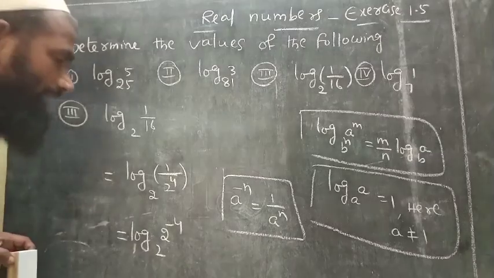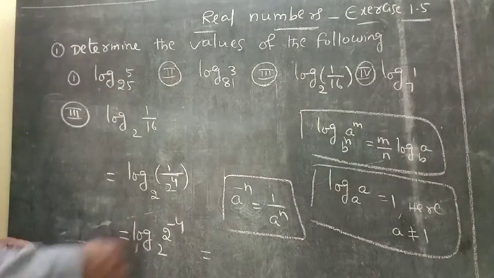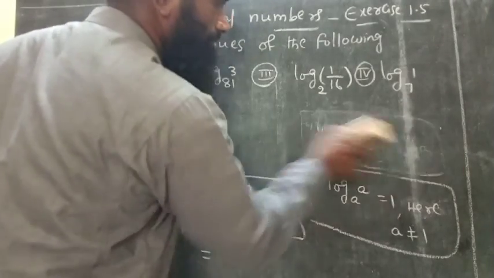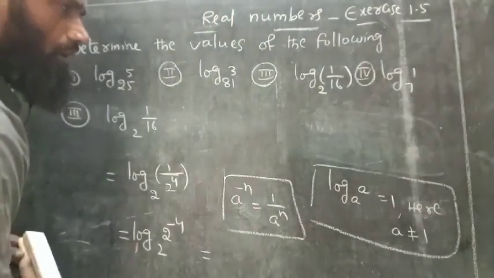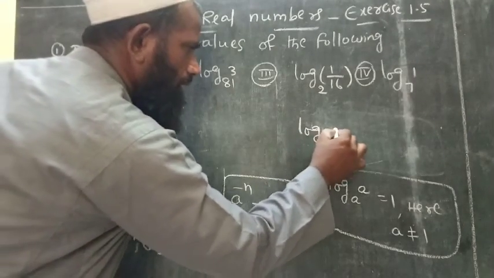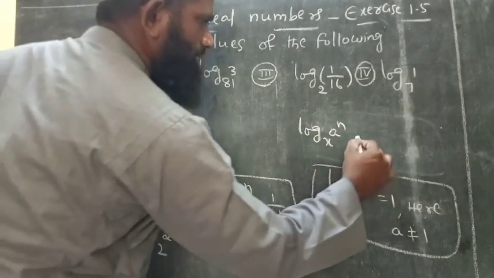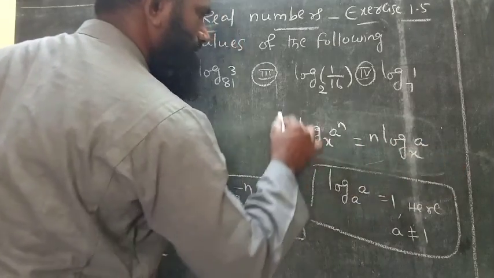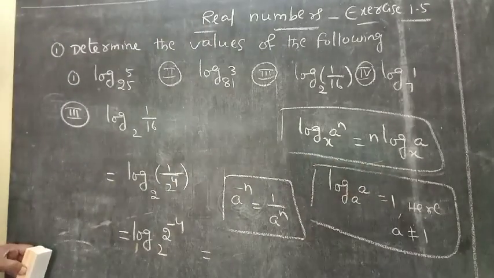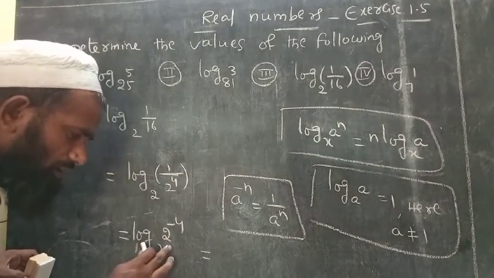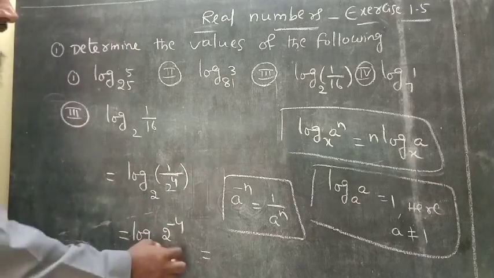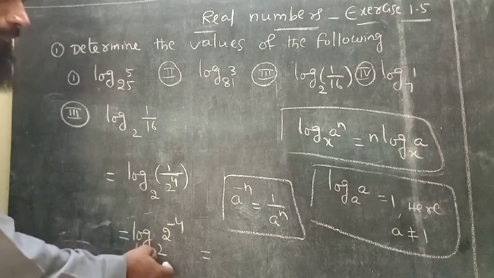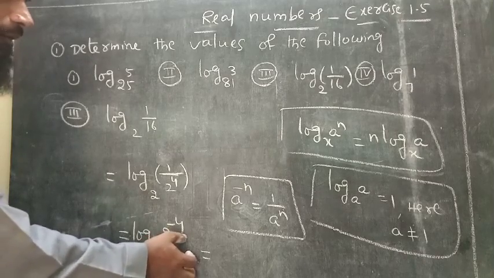From this we get, we know one more formula: log a power n base x equals n log a base x. Now, when reading this, log 2 power minus 4 base 2 looks like log a power n base x.